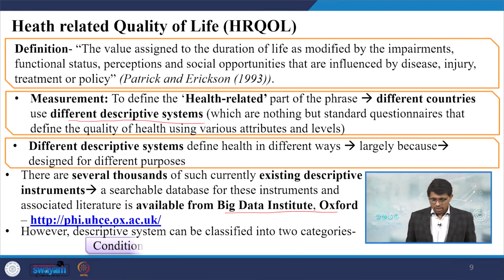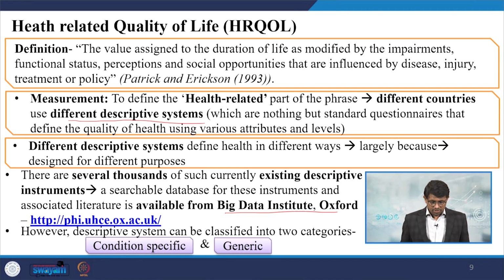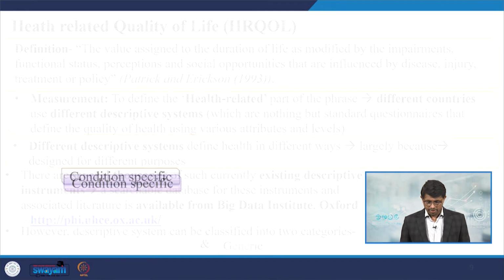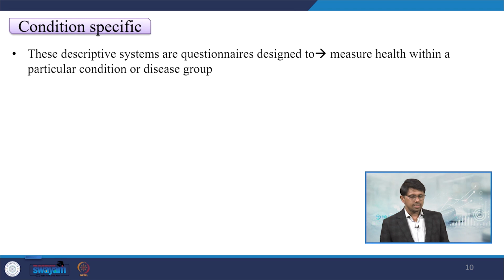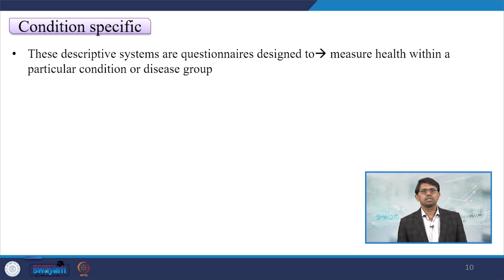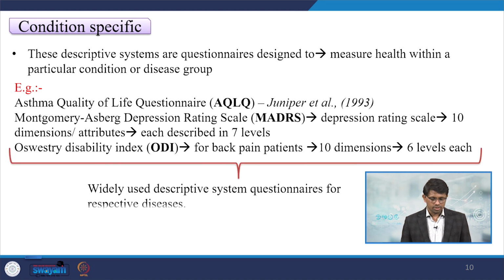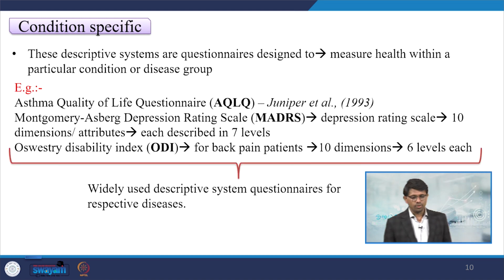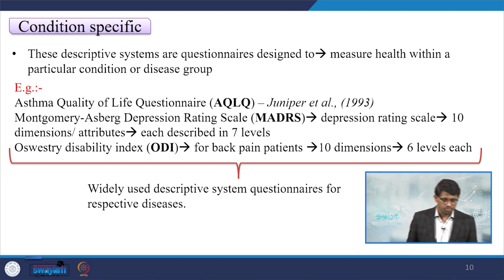However, the descriptive systems can be classified into two categories. One is called condition specific and another is called generic. Condition specific descriptive systems are questionnaires designed to measure health within a particular condition or disease group, such as AQLQ, the asthma quality of life questionnaire by Juniper et al. 1993.